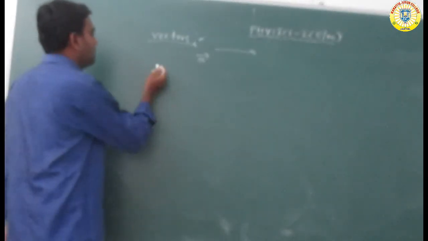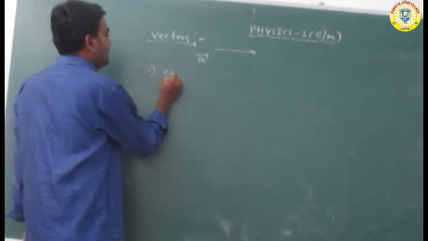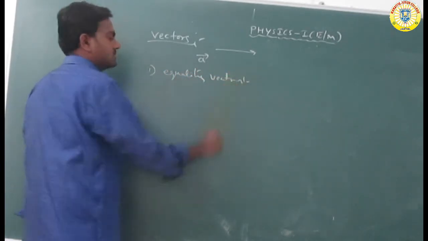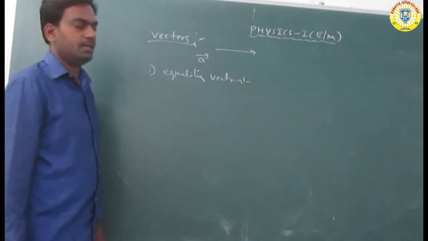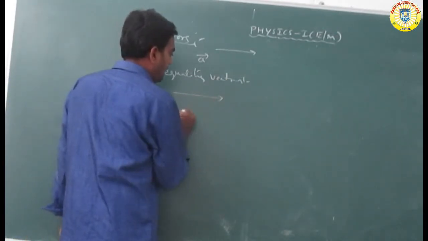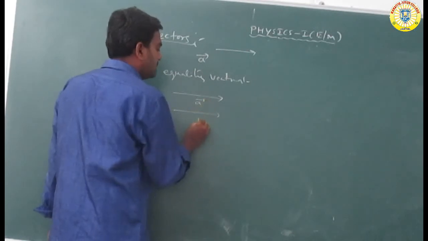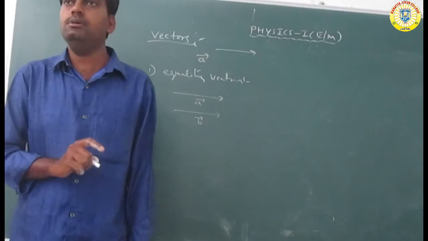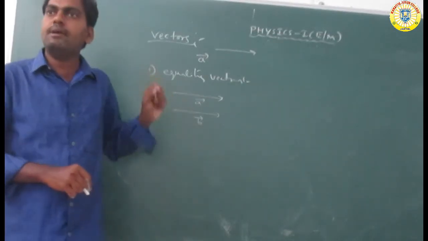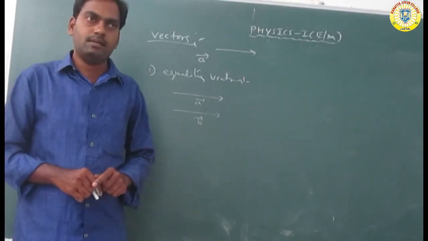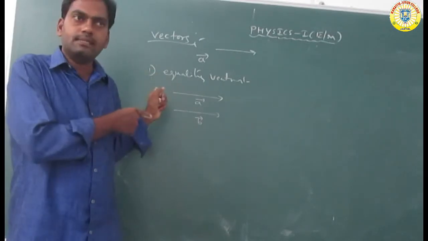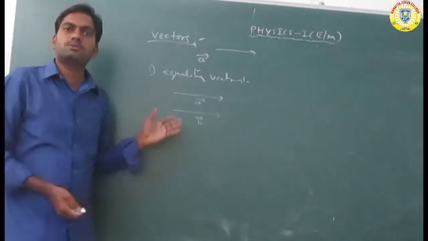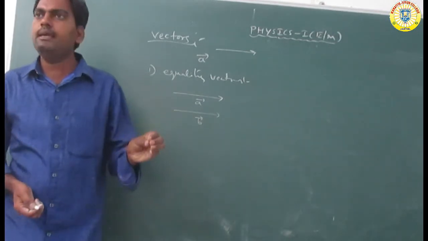First of all, equality vectors. Here A and B are two vectors. These two vectors having the same direction and same magnitude are called equal vectors. Here the two vectors we have taken have the same direction and the same magnitude, so both these two vectors are called equal vectors.